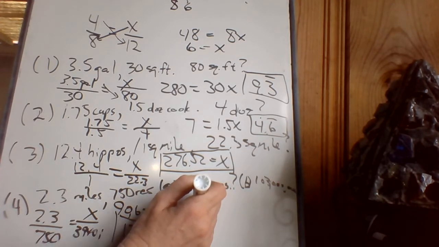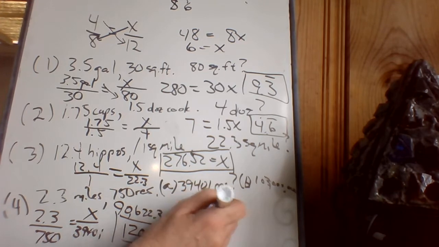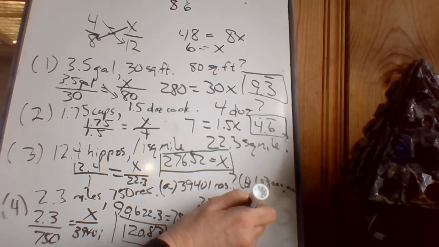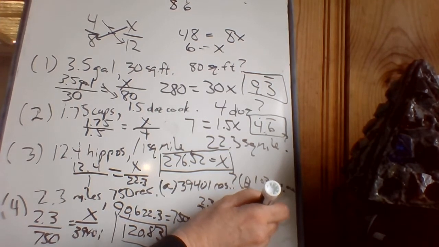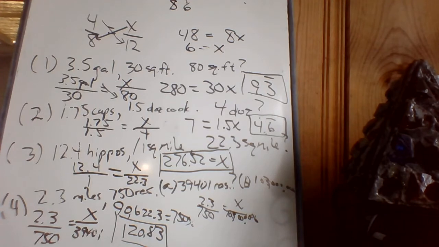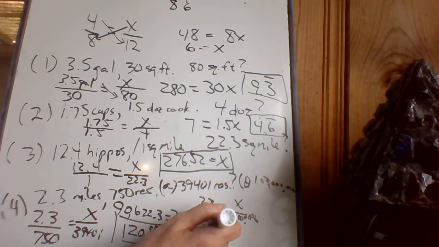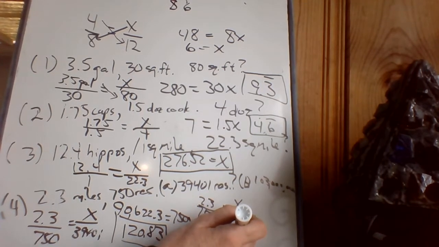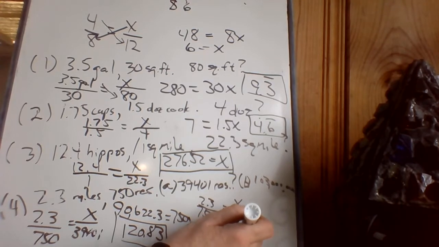But the other one, the 103 million, 2.3 over 750 equals x over 103 million. I got to put in all the zeros. It didn't say them, but they're millions, so I got to. 2.3 times 103 million is 236,900,000.